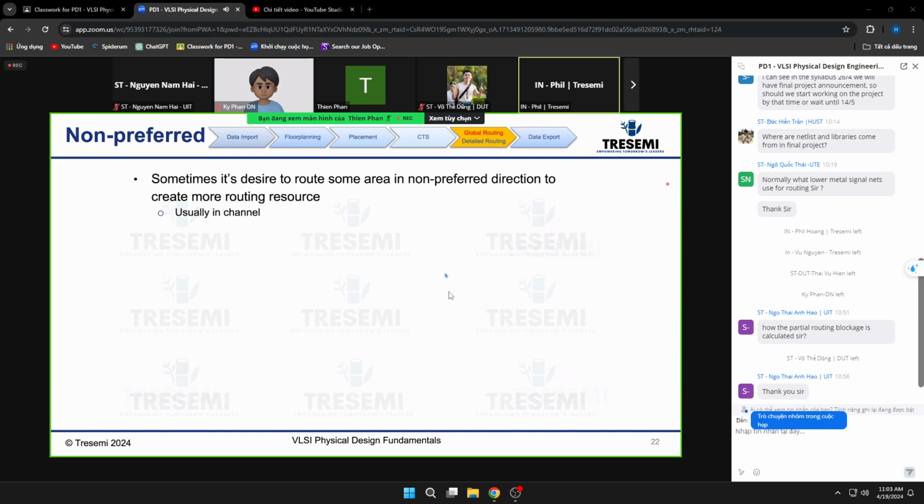Routing is basically done by only two commands, route_design, I hope I remembered right, which does the route. Just to play with it, in case you get bored, then opt_design, just to see what the tool does.